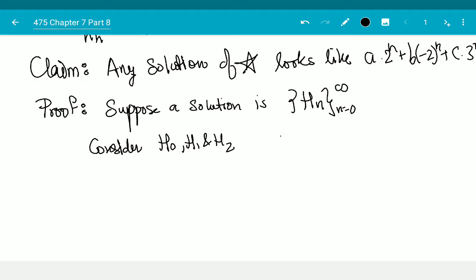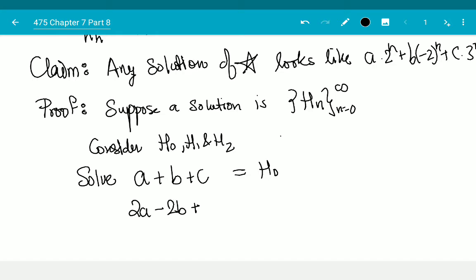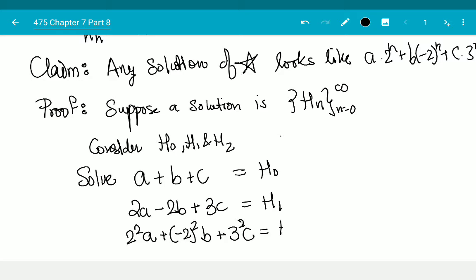Then solve a plus b plus c is equal to h of 0, 2a minus 2b plus 3c is equal to h of 1, and 2 squared a plus (-2) squared b plus 3 squared c is equal to h2.